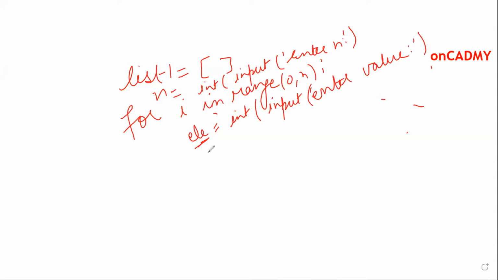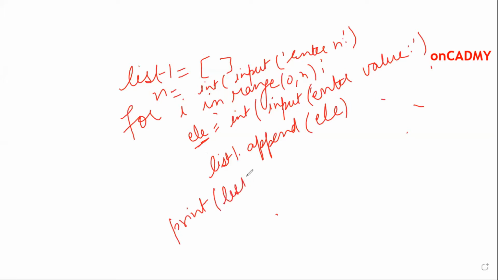Now we'll append it, list1 dot append, and in argument we'll give the value element. And at last, outside the for loop, we'll print list1, where the entire list will be created. This is how you can take input of a list from the user.